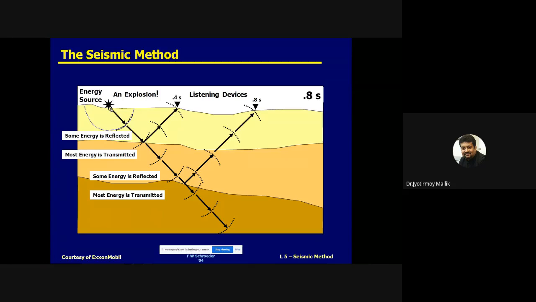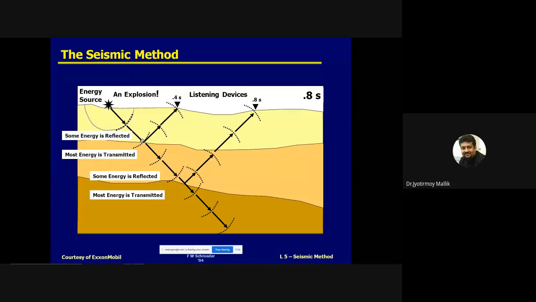Now that wave is essentially propagating down, and as soon as it hits the boundary between the blue layer, sorry, the green layer, my apologies, the yellow layer and the orange layer, as soon as it hits the boundary, some part of the energy is actually reflected back to the ground. And then if you have a seismometer installed here, you receive that signal.